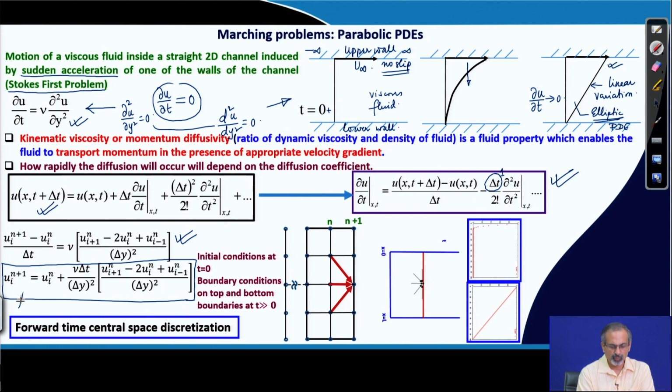Since there is only one unknown on the left hand side, all the remaining terms are coming from the previous time step, you can solve the problem using what is called an explicit method.